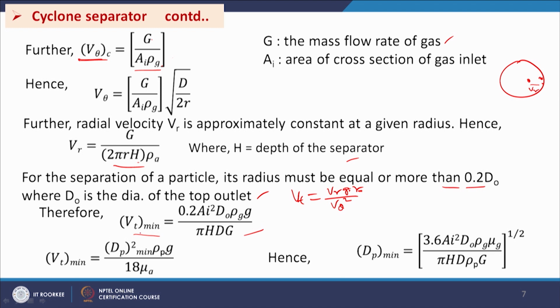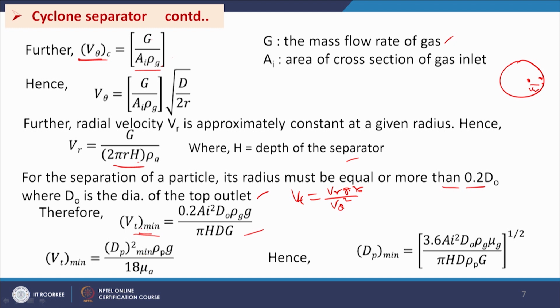If this is our V t minimum, the minimum terminal settling velocity, then if the flow is laminar, V t minimum is equal to d p minimum square into rho g into g by 18 mu g, which is the expression we have already discussed. Since V t is minimum, d p will also be minimum.